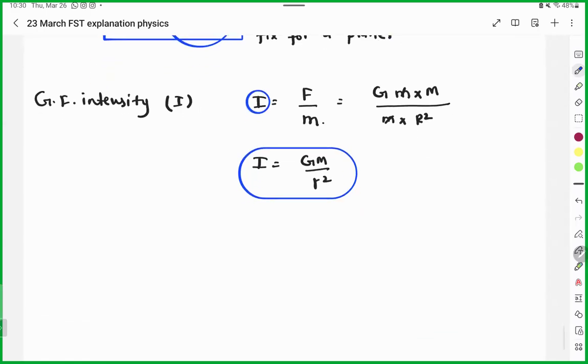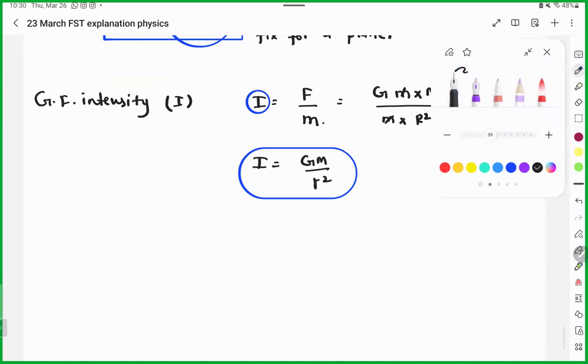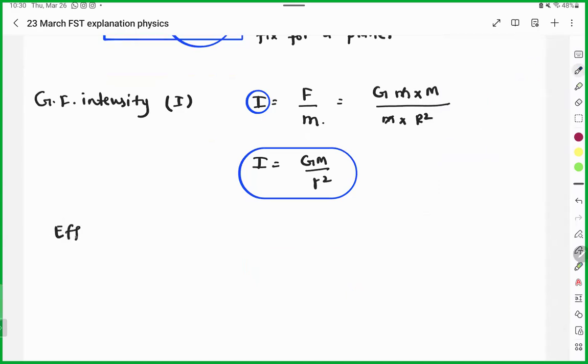You also know there is the effect of height. If you take height, new gravity depends upon the height. Normal gravity is GM by r square.